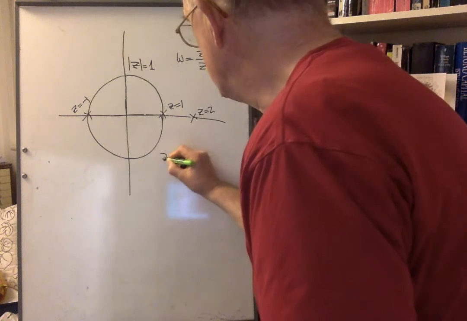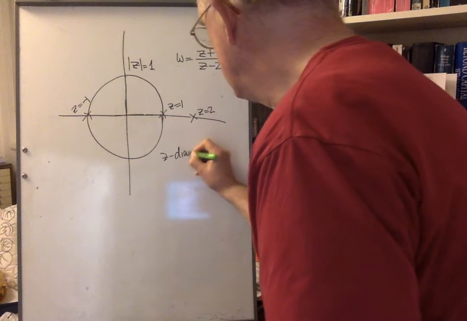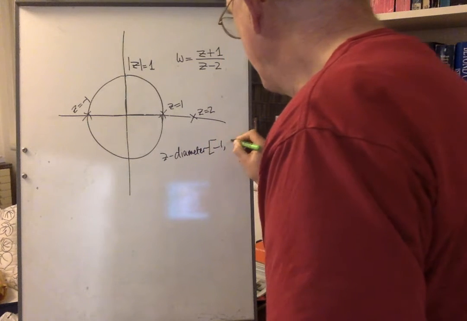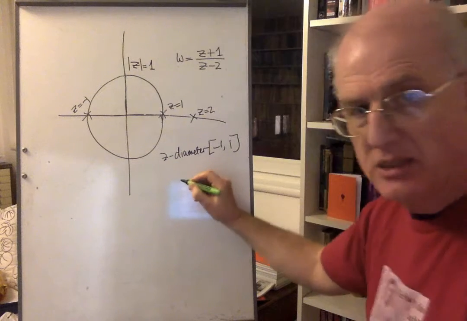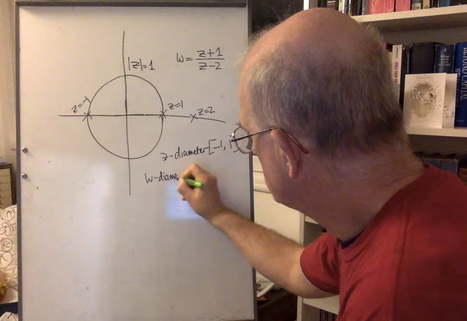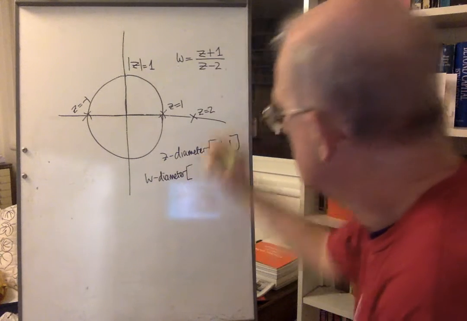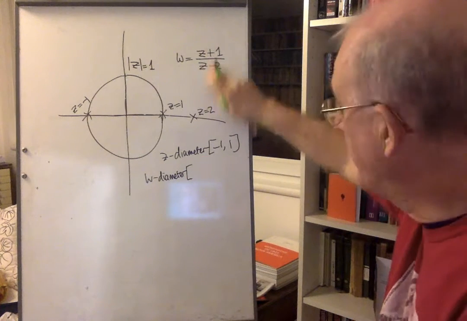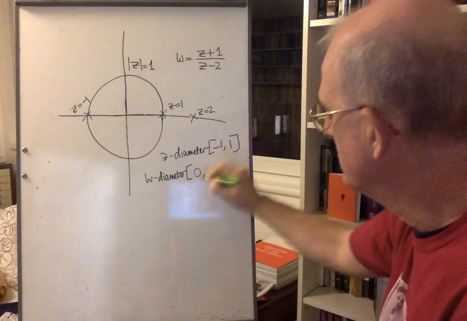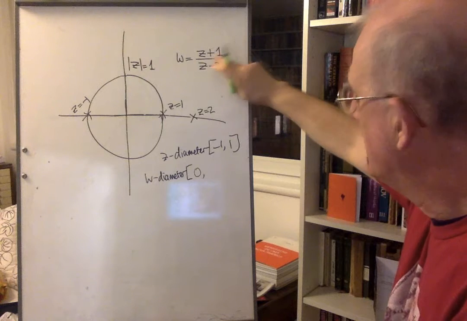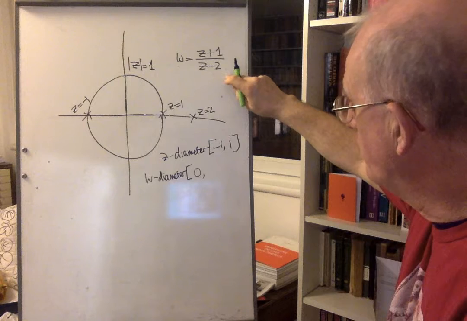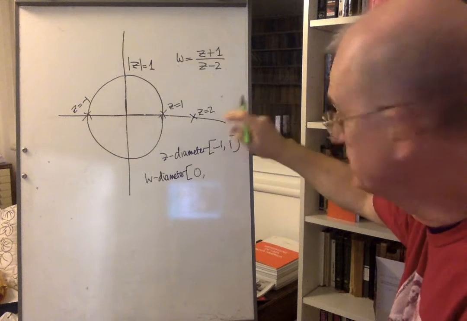So z diameter minus 1, 1. W diameter: put minus 1 in for z, and w is 0. Put 1 in for z, and you've got 1 plus 1, which is 2, divided by 1 minus 2, which is minus 1.